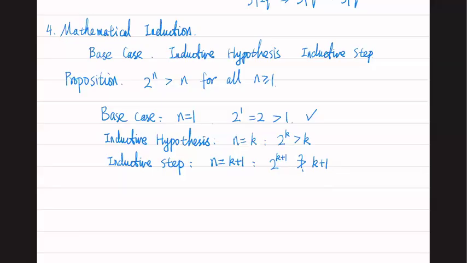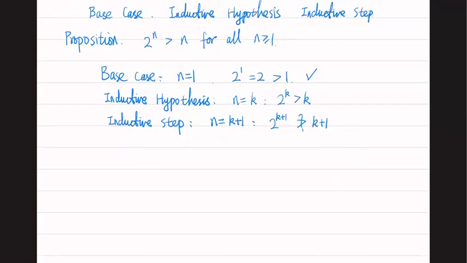Okay, so how do we prove this? We have this 2 to the k. Okay, so now we are going to use this hypothesis. 2 to the k is bigger than k.